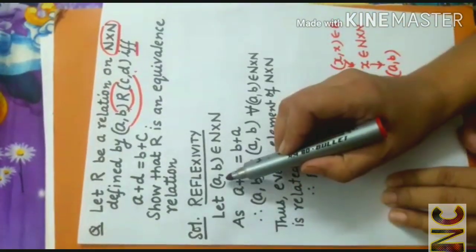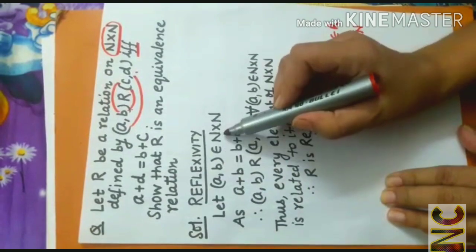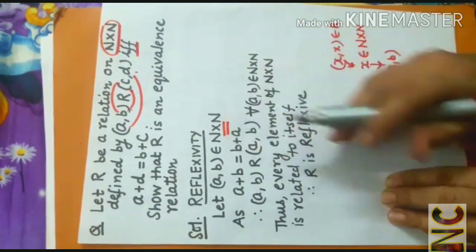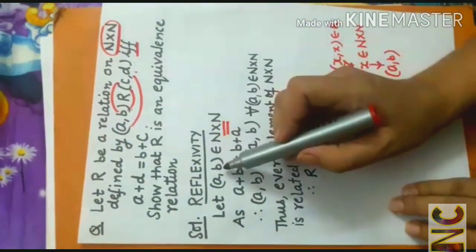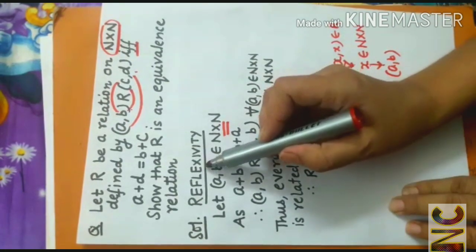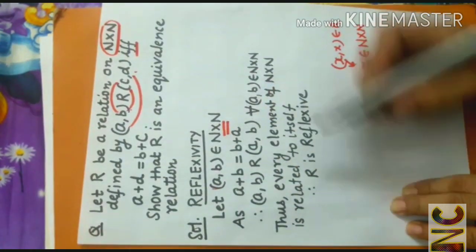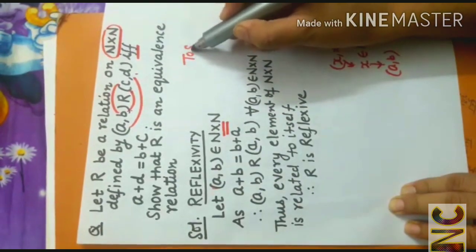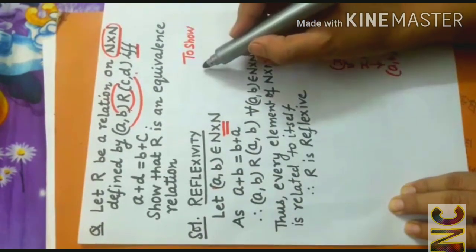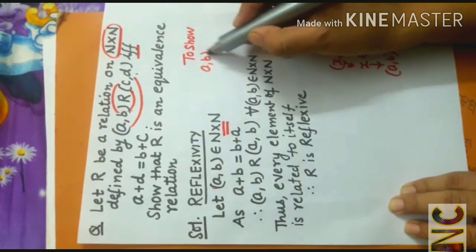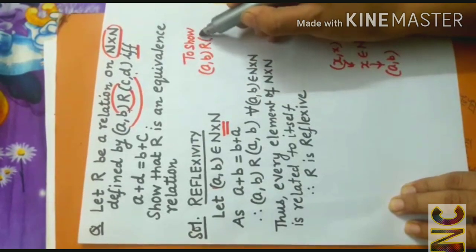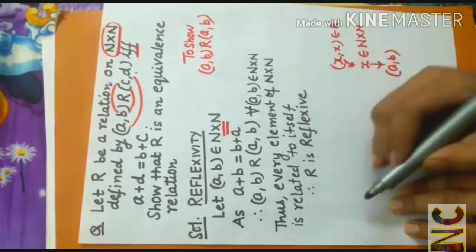So let (a, b) be any element of this set N cross N. Now I have to show that this element is related to itself. That means I have to show that (a, b) is related to (a, b).